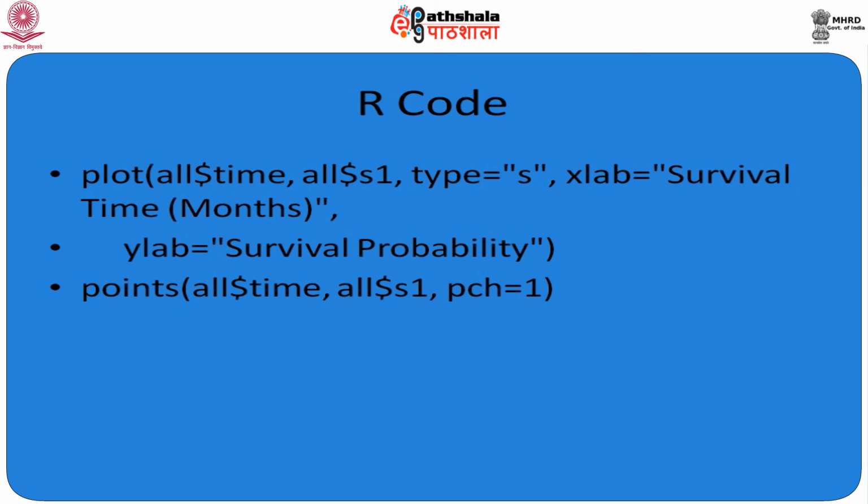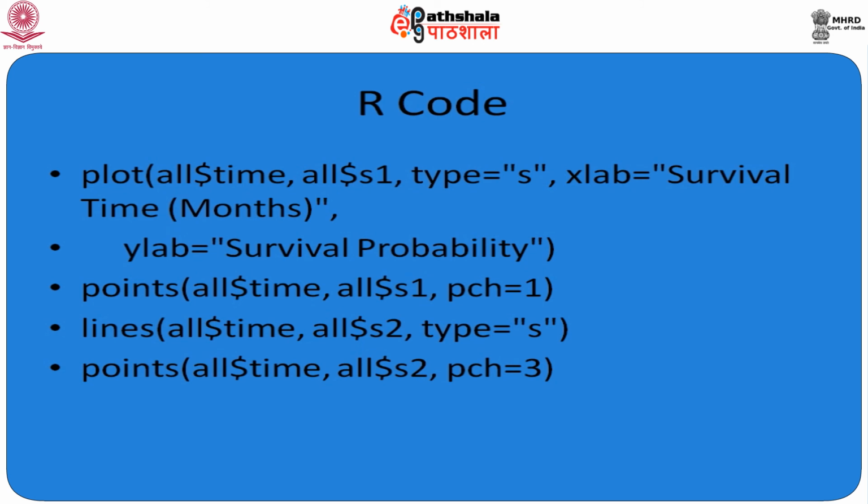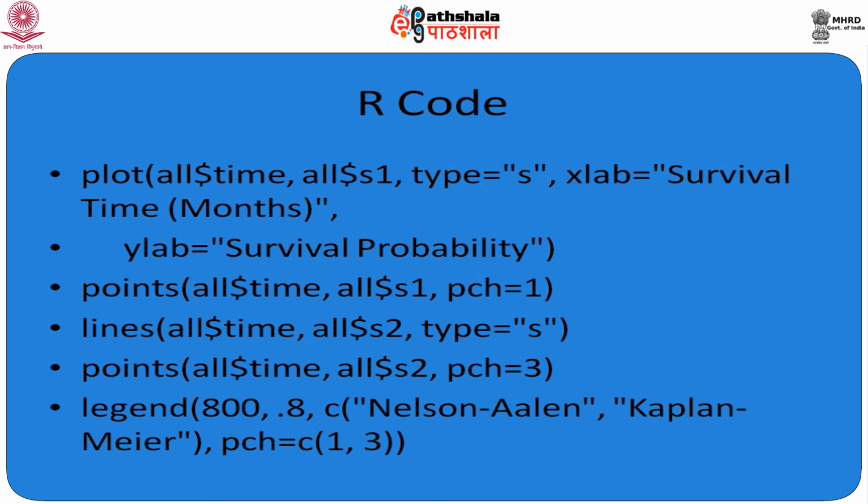So we may change the x label accordingly, and the y label we may also change accordingly, but it's a generic term, survival probability. And points we are putting to discriminate the lines, basically for Kaplan Meier and Nelson's. And these lines are also assigned for S1 and S2. And now we are getting the result.